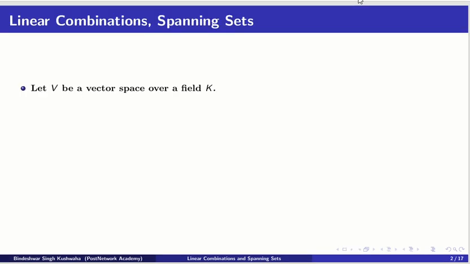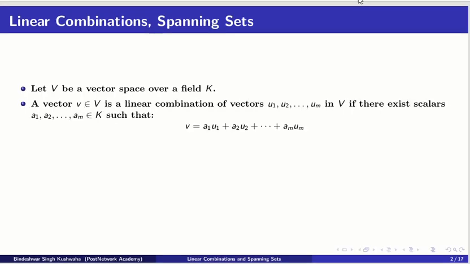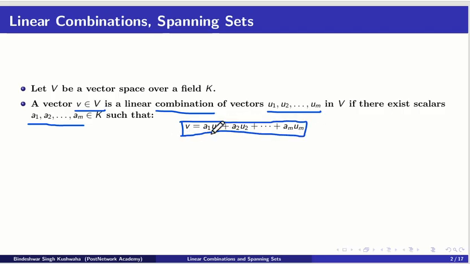So let V be a vector space over field K. Then a vector V is a linear combination of u1, u2, ..., um if there exist scalars a1, a2, ..., am so that you can write V in terms of the ai and ui.